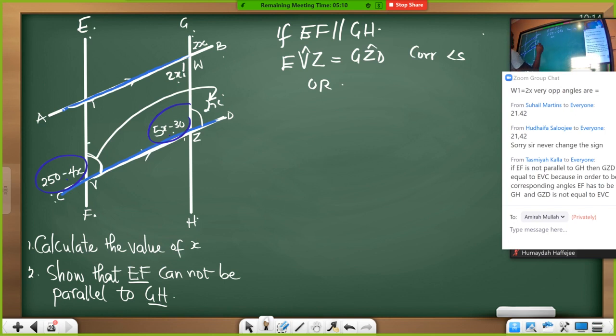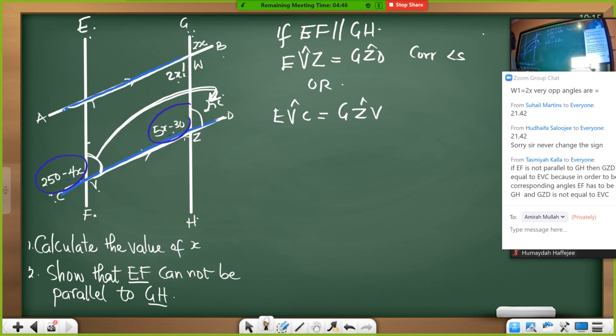I'm looking at the outside angle now. EVC should be equal to what? GZV. I hope it's making sense. Don't let the letters confuse you. I've used color codes, and my arrow there. That should be equal to that, or these blue angles would be equal. Let's go calculate.